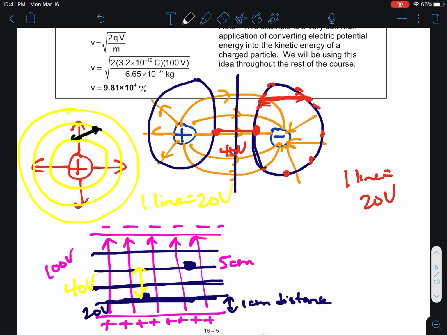If something passed from here to here, it's gone through no volts because it's on the same equipotential line. If it passed from here to here, it would have gone through 20 volts because it moved from this line to this line. That looks a little bit confusing, but that's what it's done. From one line to the next line is a total of 20 volts.